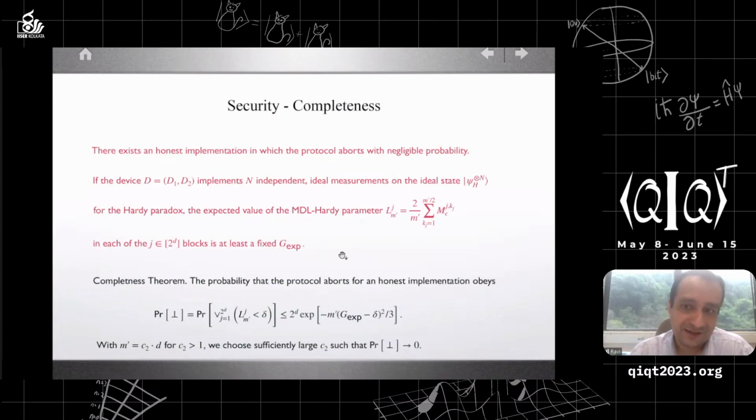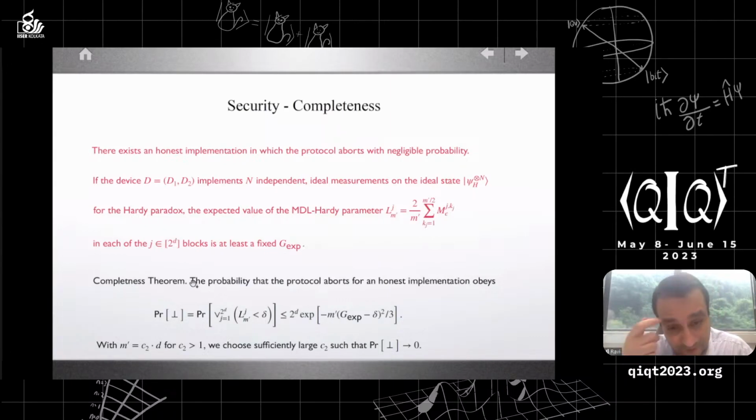Secondly, we can prove a completeness statement. As I said, there is an ideal Hardy state, a non-maximally entangled 2-qubit state. If you perform measurements on that state for those n runs, then you can show that this MDL-Hardy parameter will be greater than some fixed delta for all these runs.